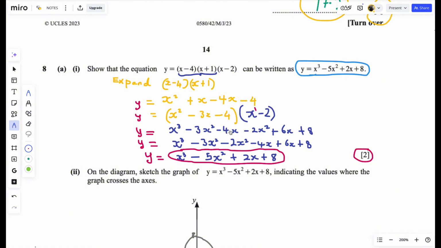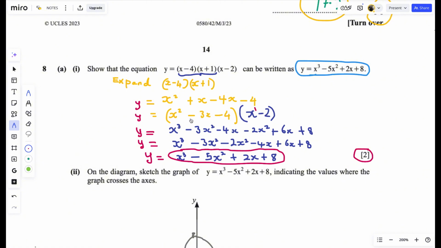So we've used only x to multiply all of these and got the first 3 terms. Now we take negative 2 to multiply everything inside here to get the next 3 terms. Negative 2 times x squared, you get negative 2x squared. Then negative 2 multiplied by negative 3x, negative 2 times negative 3 becomes positive 6, so you get plus 6x. Please take note of that.